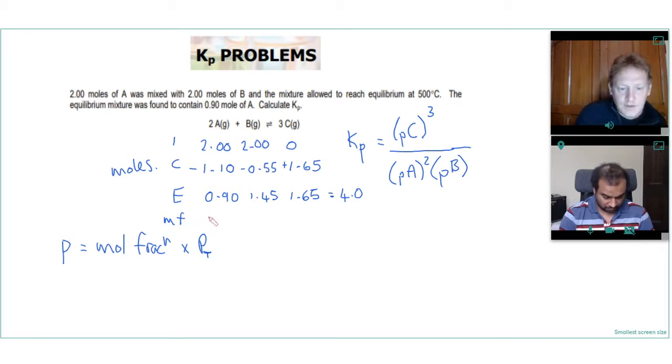Which is 0.225. And then 1.45 over 4 is 0.3625. And 1.65 divided by 4 is 0.4125.